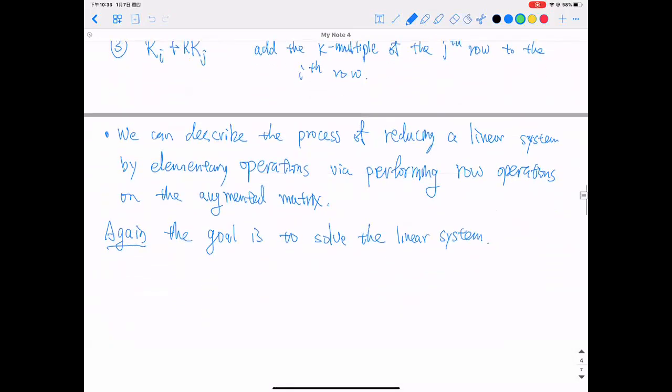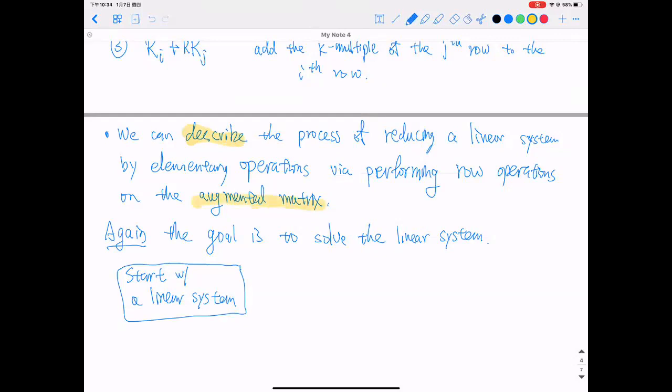So we start with the linear system. And like I mentioned, we're going to try to describe the process of solving the system by working with the augmented matrix.